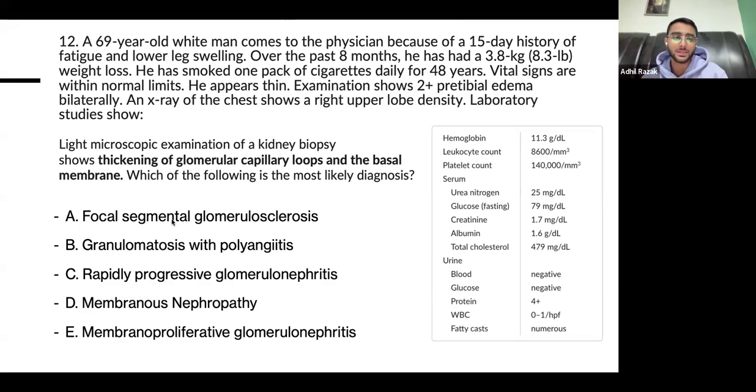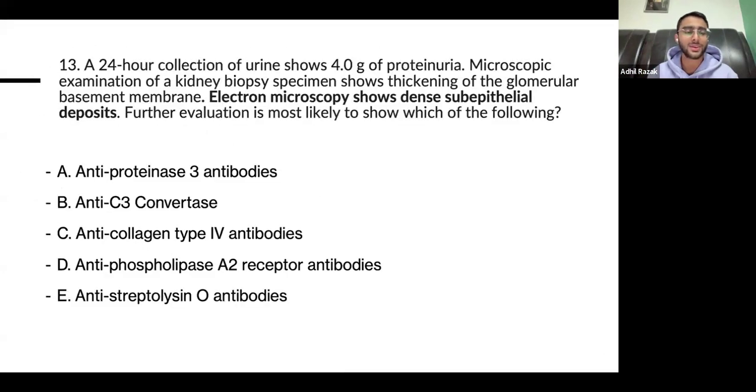Yes, the answer is D. It's membranous nephropathy. Let's talk a little bit more about it. Did I not add a slide for it? Okay. Oh, never mind. There's one more thing. So let's say we have the same patient. A 24-hour collection of urine showed proteinuria, and once again, the kidney biopsy showed thickening of the basal membrane, but the electron microscopy showed dense subepithelial deposits, and further evaluation is most likely to show which of the following.